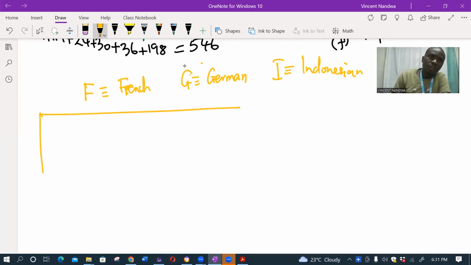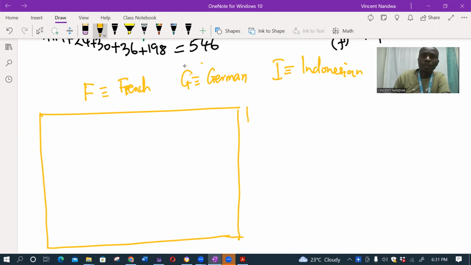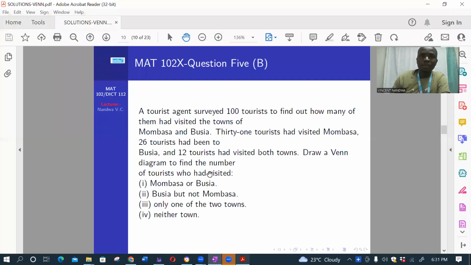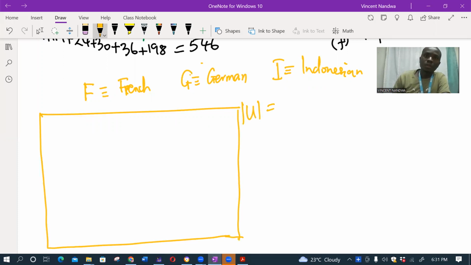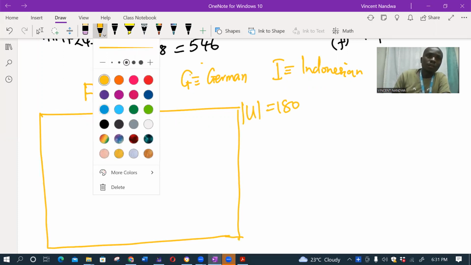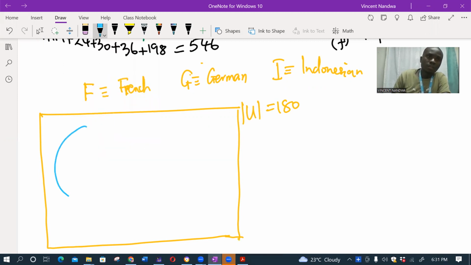So let this be the universal set. From the information given, it's clear that the cardinality of the universal set is 180. So this is 180. Let this be the set of those who study French.